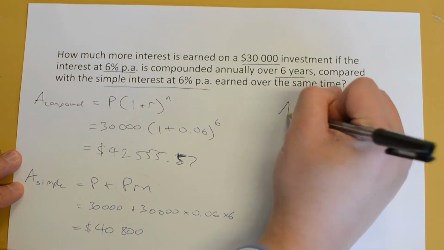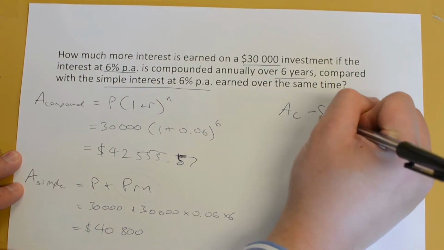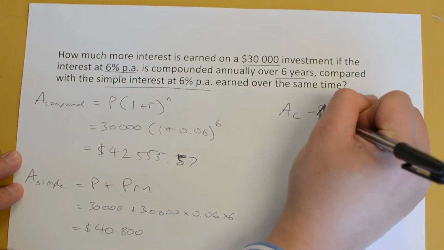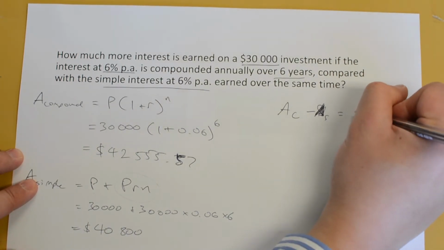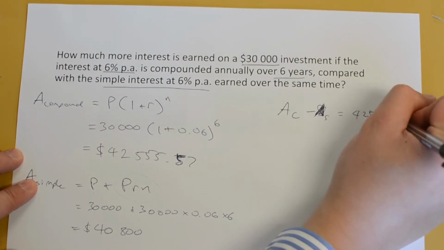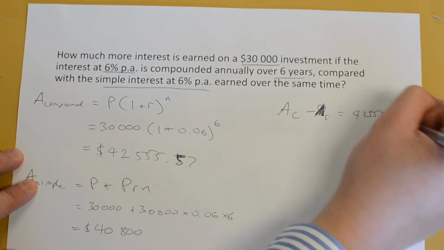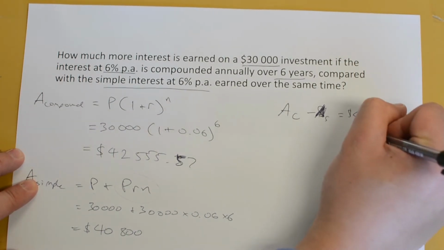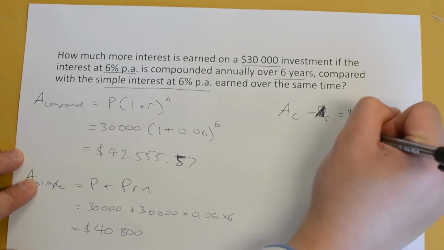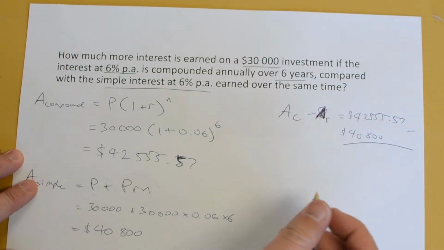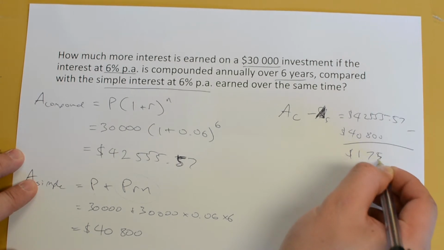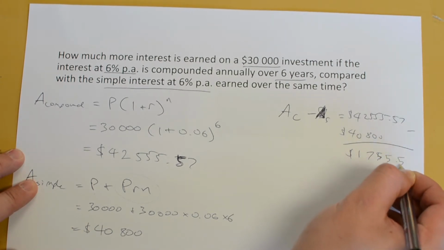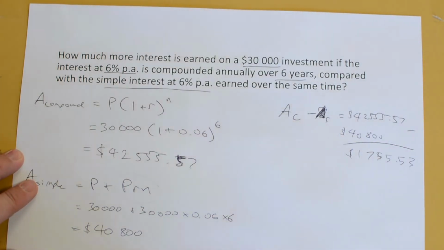Now it's asking us to compare and how much more interest is earned. So what we need to do now is we take the compounded amount, and we're going to subtract the simple amount, and what we will get is $42,555.57, and we're going to take away our $40,800, and this should come out to be about $1,755.57.